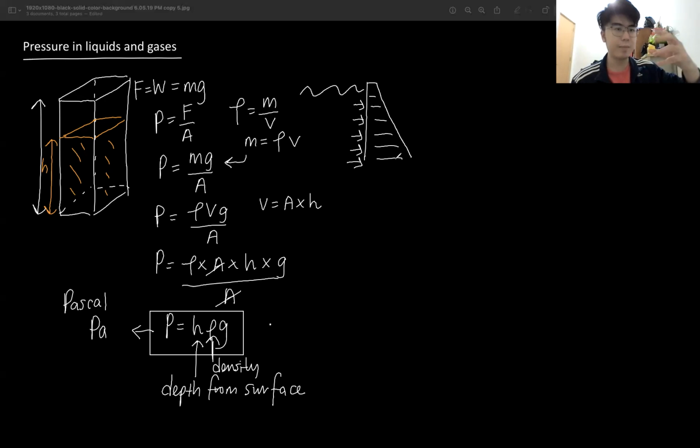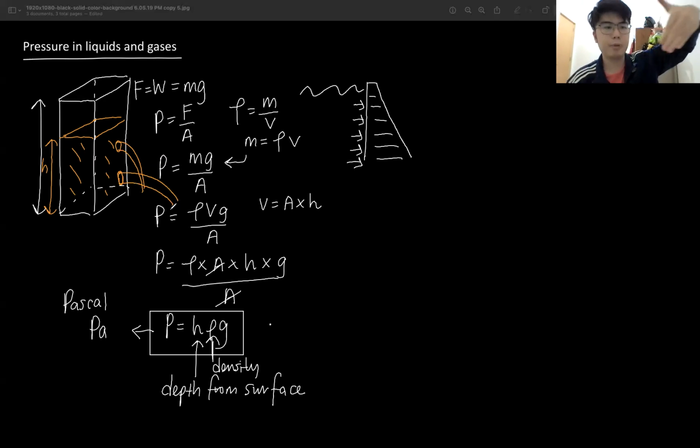So this is one evidence that pressure increases with depth. Another evidence is if I poke a hole here, you see the water flowing out. And if I make another hole further down, you can see that the water flows out a longer distance, which means the pressure is higher. The same thing you see in the water tank.